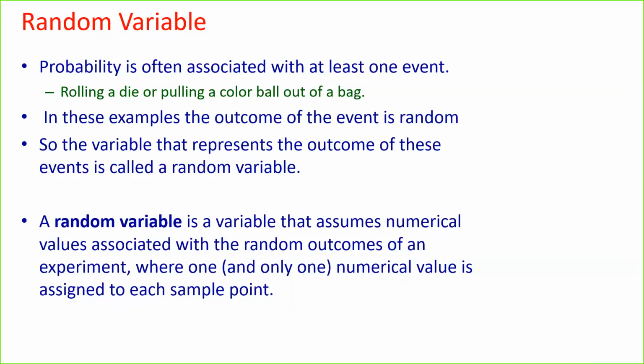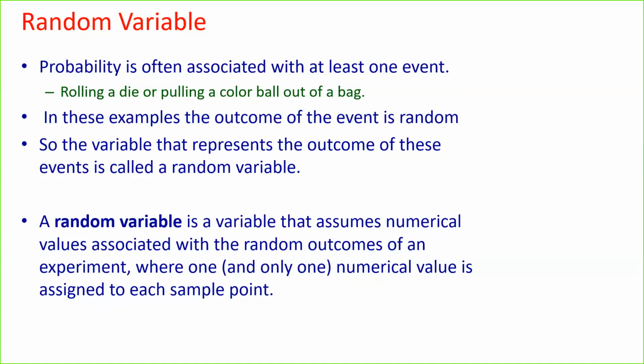It's again random, right? If you use some variable to indicate the outcome of this event, we call it a random variable, because the outcome is random. A random variable is a variable that assumes numerical values associated with the random outcome of an experiment.